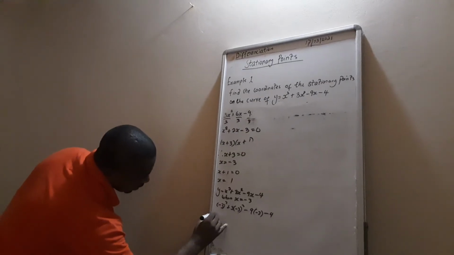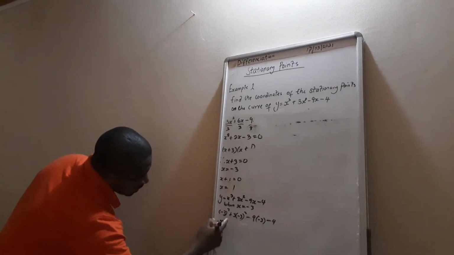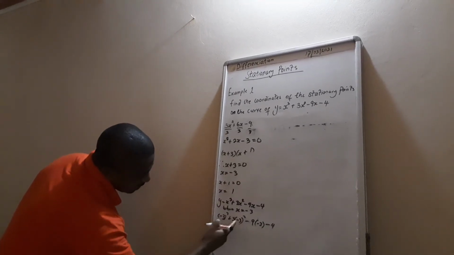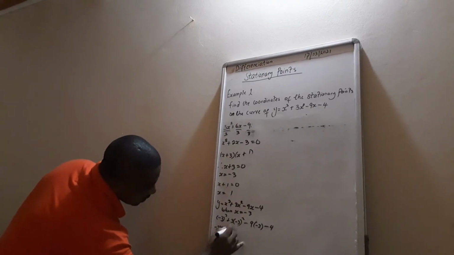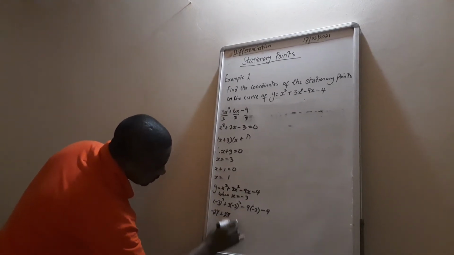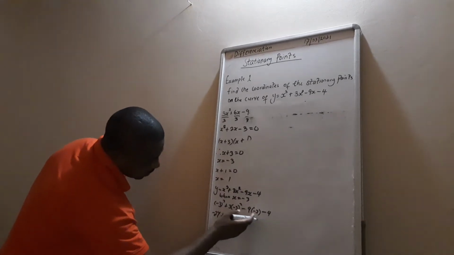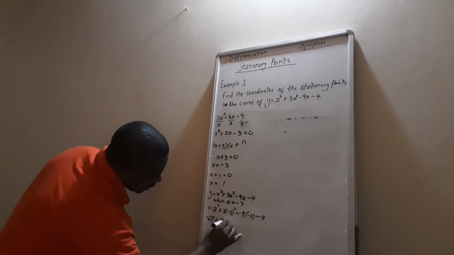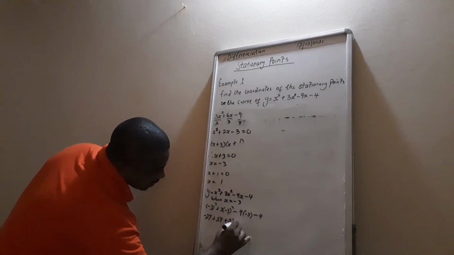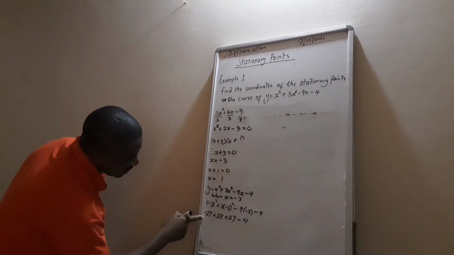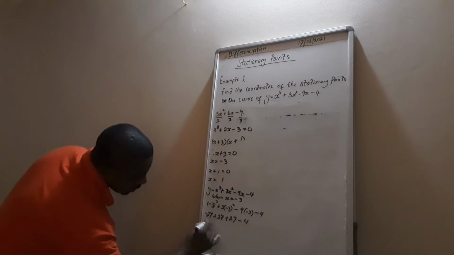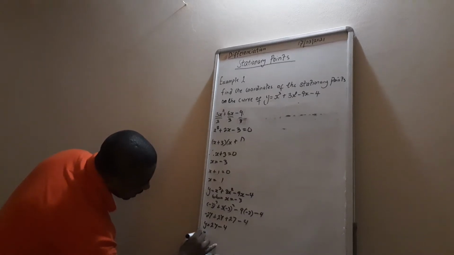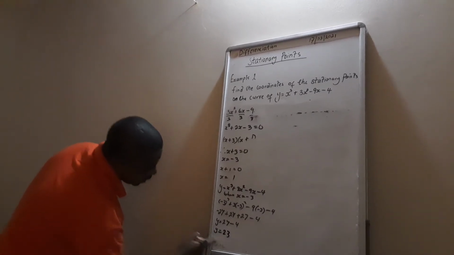Negative 3 raised to the power 3 gives us minus 27. Negative 3 squared is positive 9, times 3 gives positive 27. Minus 9 multiplied by minus 3 is positive 27. Minus 27 and plus 27 cancel out, so y is equal to 27 minus 4, so y is equal to 23.